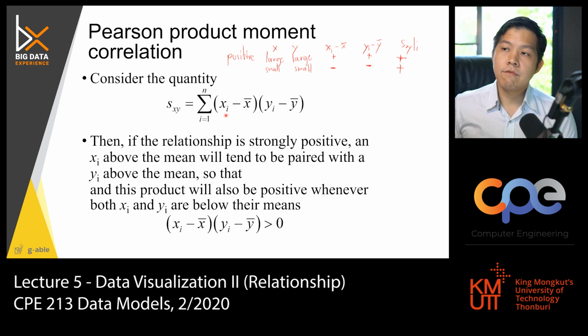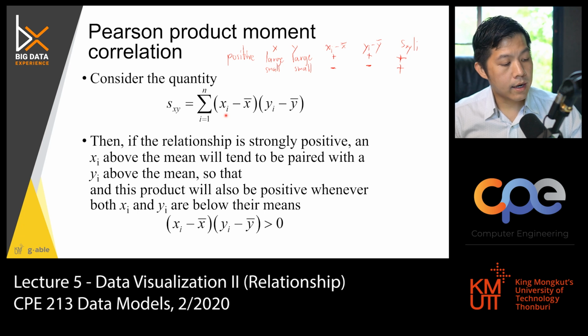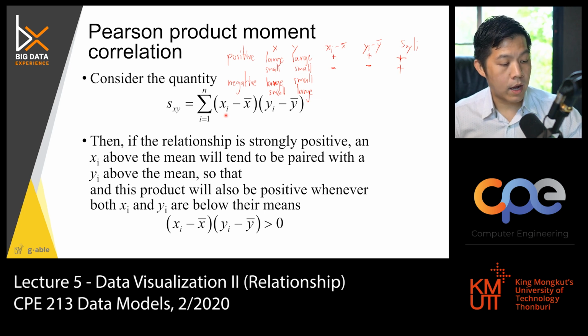So if the data is in a positive relationship, you would have the value of s_xy in each term i more than 0. But in the negative relationship, you get a large x paired with a small y and a small x paired with a large y. If we subtract the mean out, you get positive and negative, negative and positive.